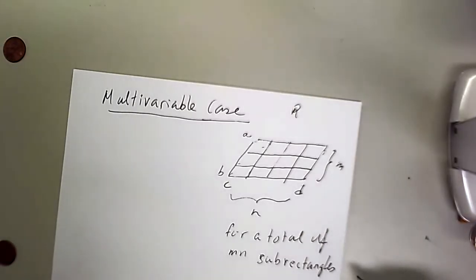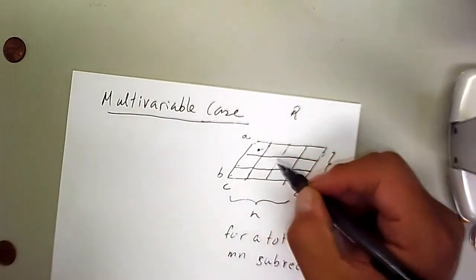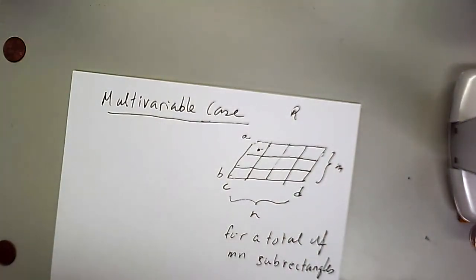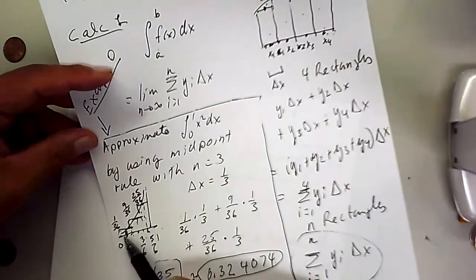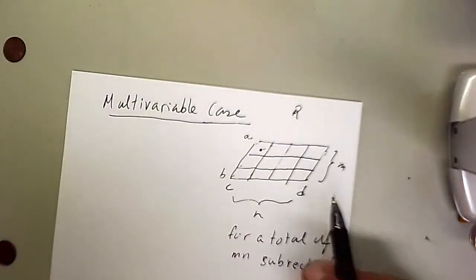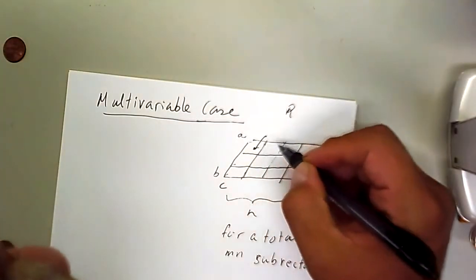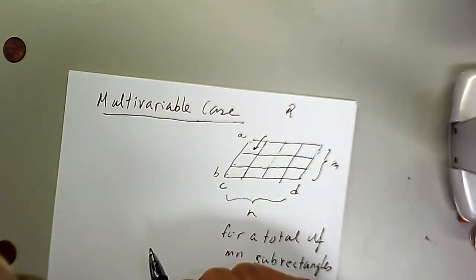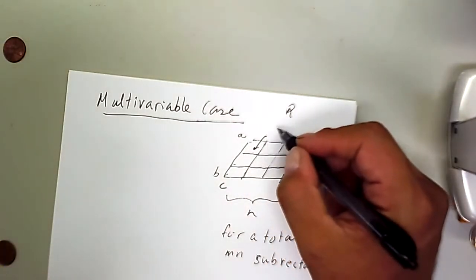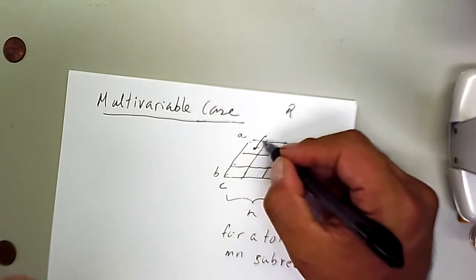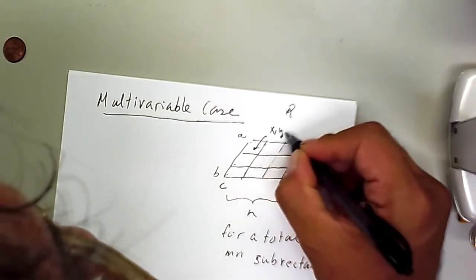So the midpoint rule says that we're going to pick the middle of the rectangle on each one of the sub-rectangles, similarly as in here, where we pick the middle of the subintervals, whatever they are. We're going to label this guy as, I guess, this guy has an X and a Y coordinate. So I guess we can call it X1, Y1 point.